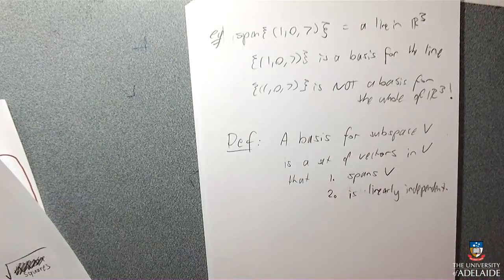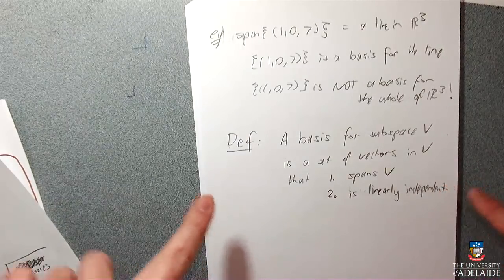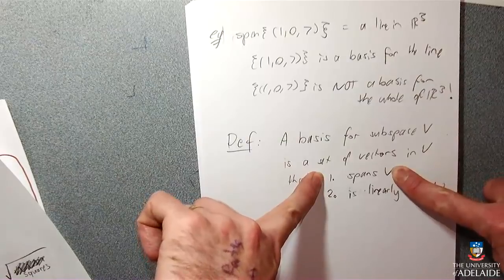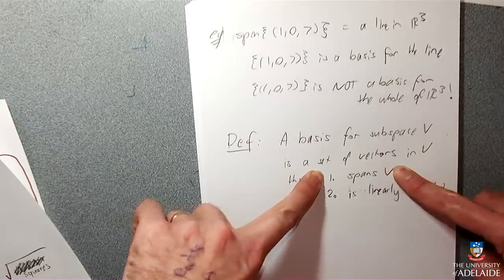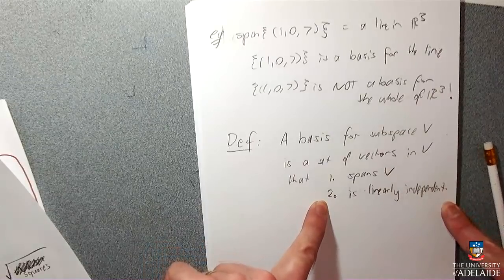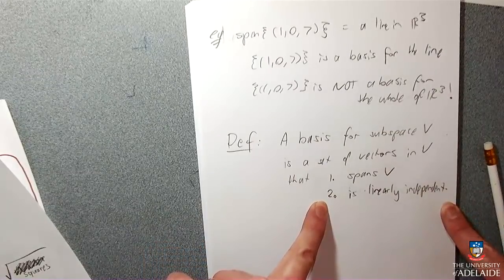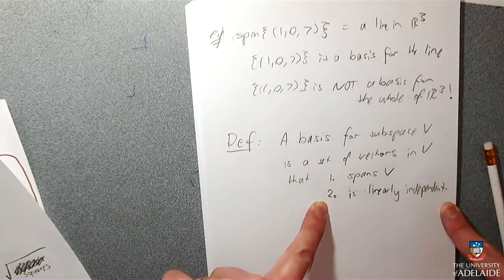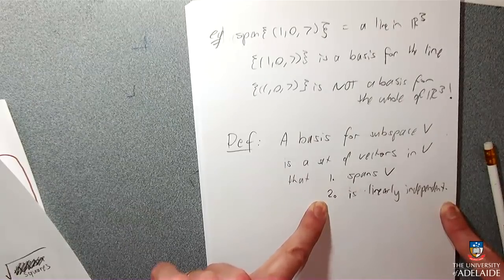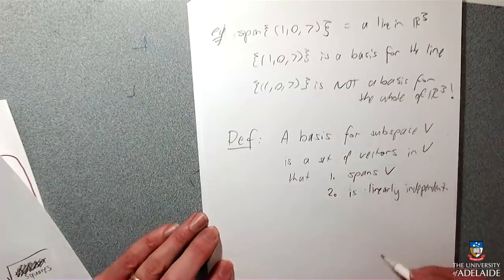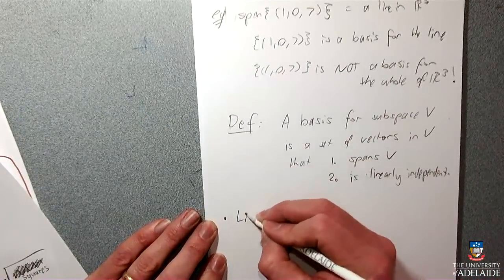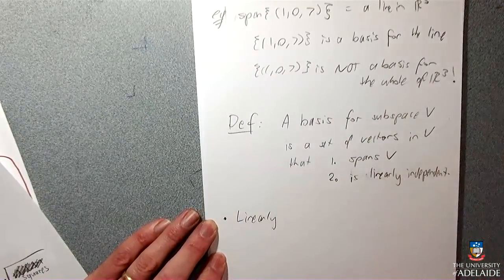Okay, so that's the definition of basis. This bit is what I was saying, v is the span of what, and that's what a basis is. And this bit guarantees that it's the shortest list I could possibly come up with. But that means I need a definition of what linearly independent means.